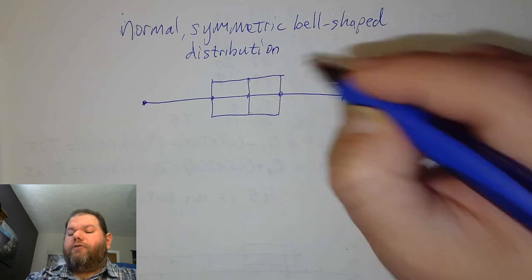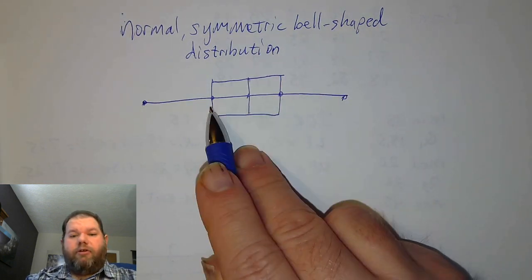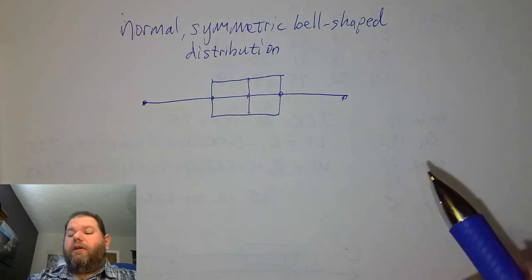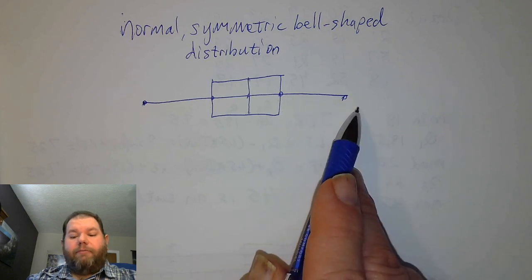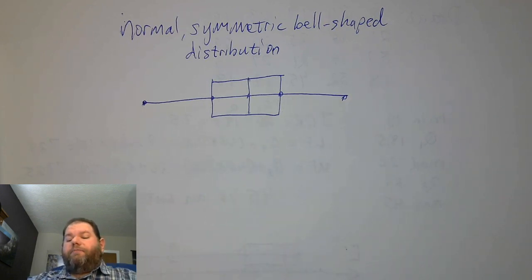In this situation, our median would be roughly halfway between Q1 and Q3, so that this line would be kind of in the middle of the box. Our whiskers would be about the same length, and our box itself would be roughly anywhere from 1/3 to 1/2 the length of the overall line.